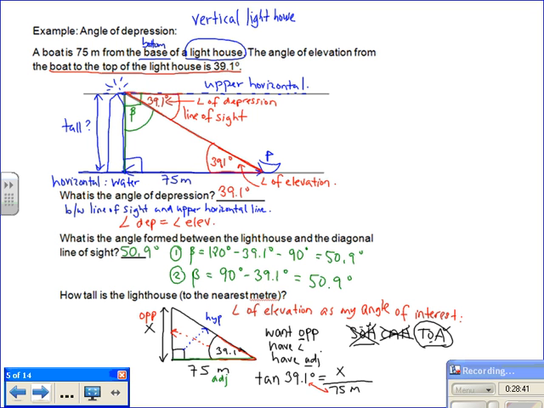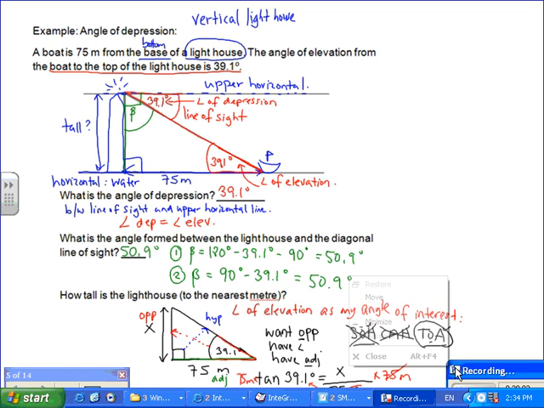You can either cross multiply to get it up to the top, or you can just times each side by 75 meters. And we have X is equal to tan of 39.1 times 75.